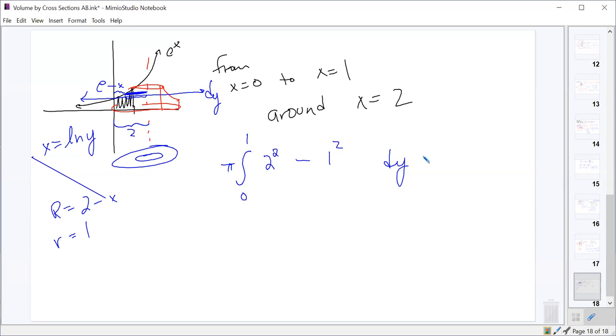And the inner radius is 1. But from 1 to e, our outer radius is 2 minus x.